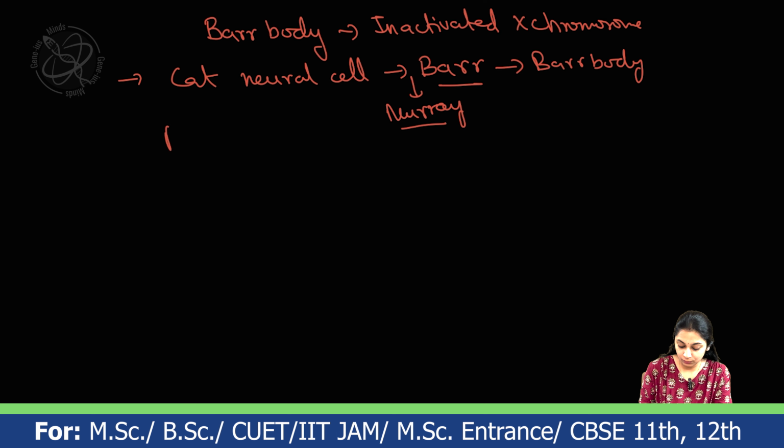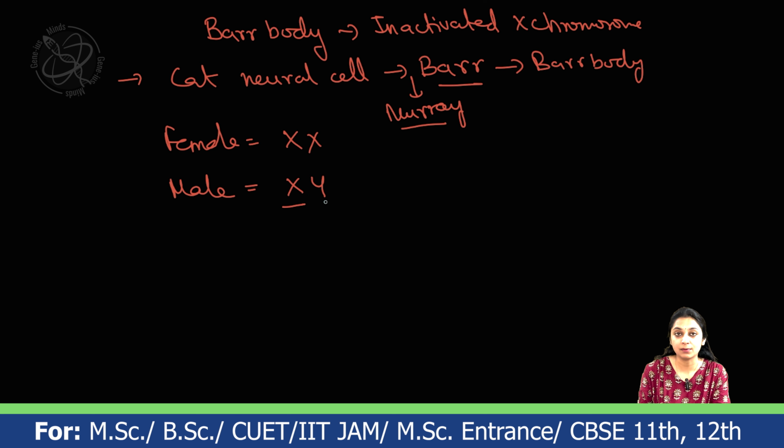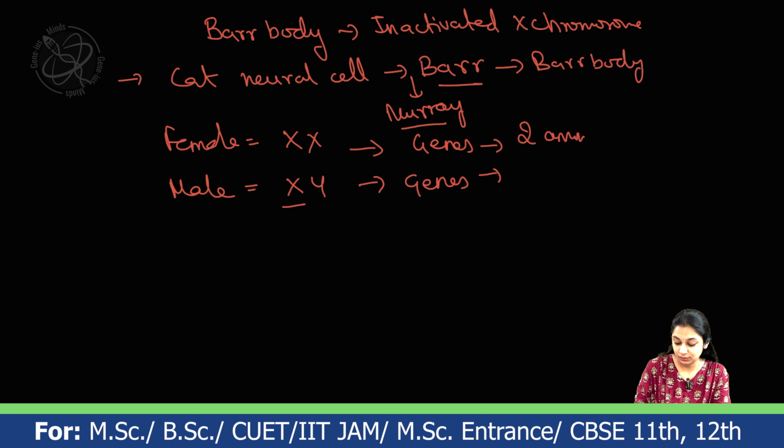Now, as we all know, in females there are two X chromosomes, and in males there is a single X chromosome and a Y. These X chromosomes have genes, and based on dosage, females have double the amount of genes compared to males, because males have only a single X chromosome.